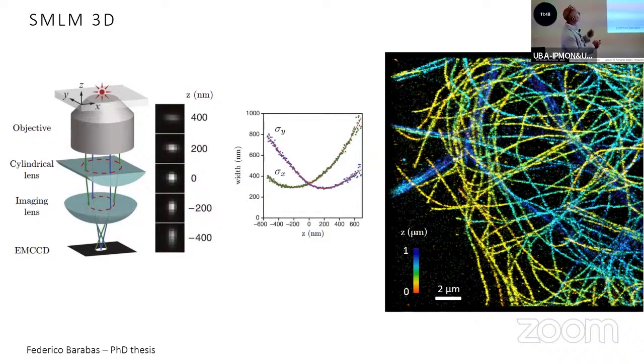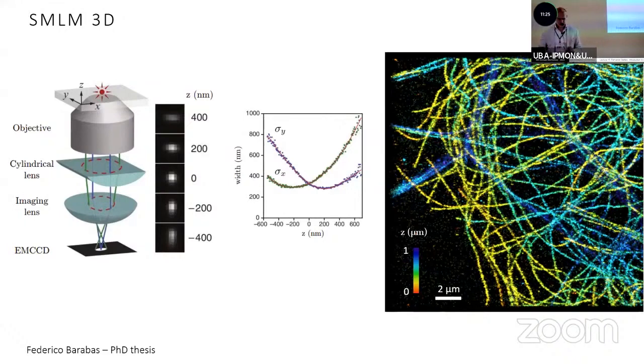But if it's displaced in the axial direction, in one direction or in the other, the molecule is elongated on one axis or in the other, just due to the astigmatic imaging. And you can calibrate this, and then every time you detect a molecule, you don't only fit the center, but also the ellipticity, and from that you get the axial position.